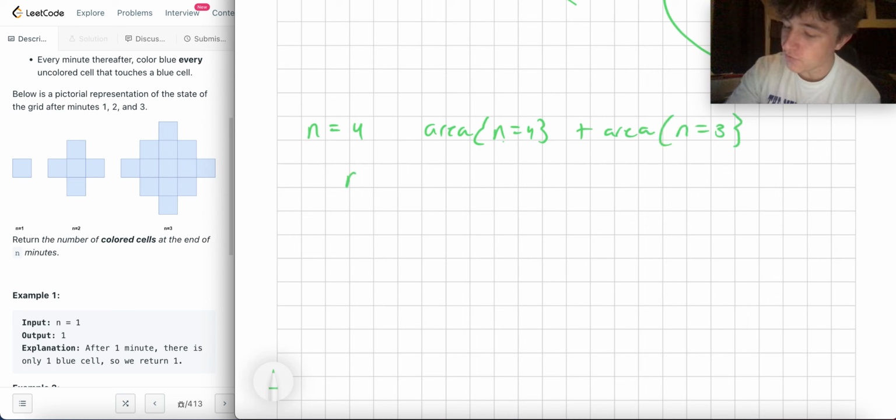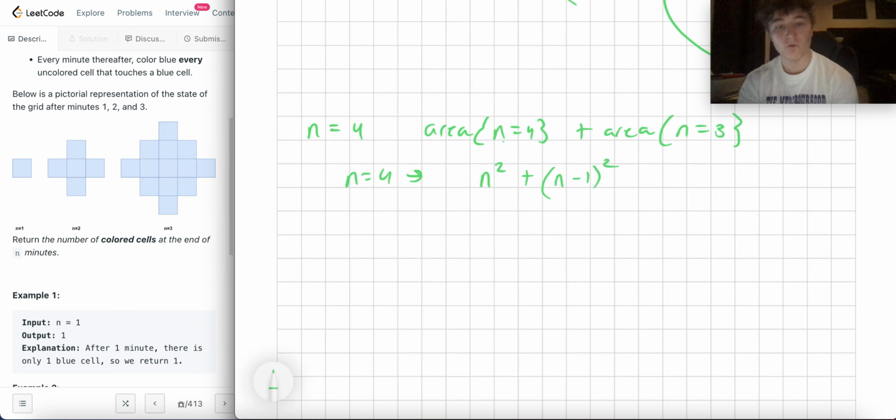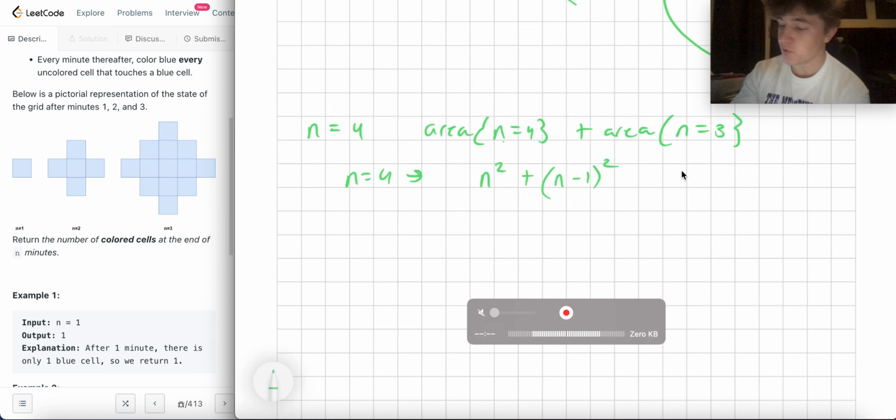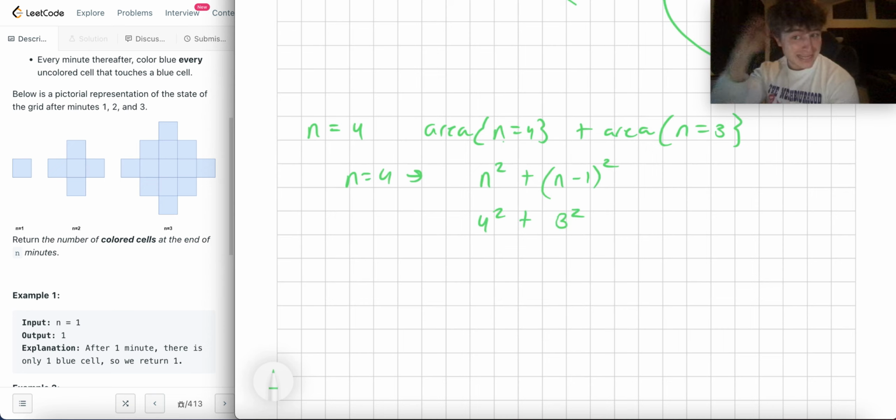So for n equals 4, it equals n squared, because that's the area of a square of length 4, plus n minus 1 squared, because for 4 and 3, this would be 4 squared plus 3 squared. And I think that might just be the generic equation for the area of a diamond.